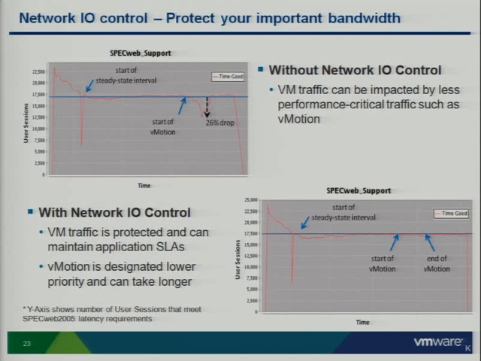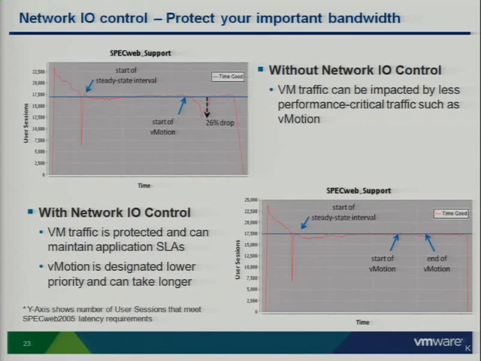the red line is fairly close to that blue line, and everything is passing happily along, except at some point, a vMotion starts. And what that does is draw out a lot of your network throughput. What that can do is it can suck up enough that your users are no longer getting enough throughput from the network because it's going elsewhere, and some of them are not meeting their SLA requirements anymore. Using network I/O control, what you can do is you can say VM network traffic gets a percentage of your network.